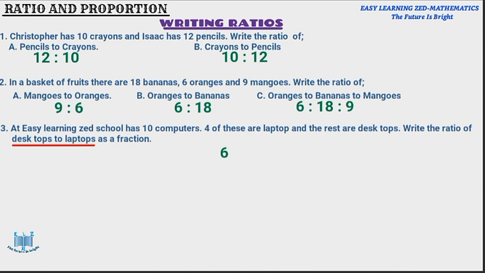Now since we're going to write this ratio in fraction form, the number of desktops will be the numerator and the number of laptops will be the denominator. So we write over, then we put the number of laptops. How many laptops? We're told there are 4, so over 4. Now we have written the ratio of desktops to laptops in the form of a fraction.